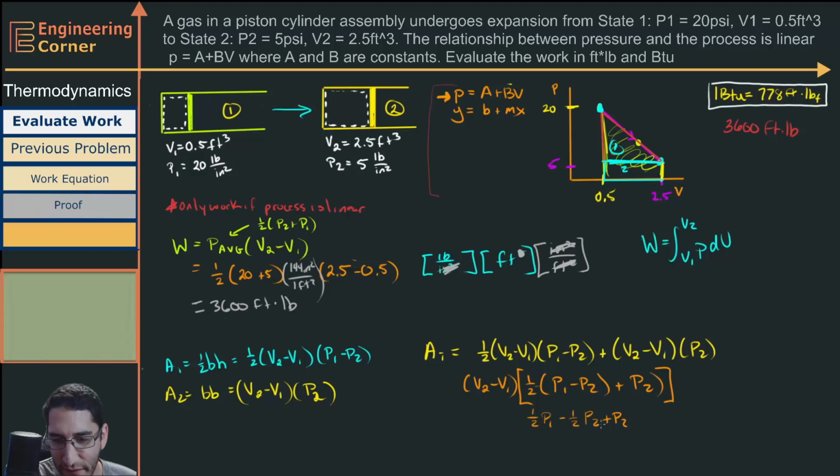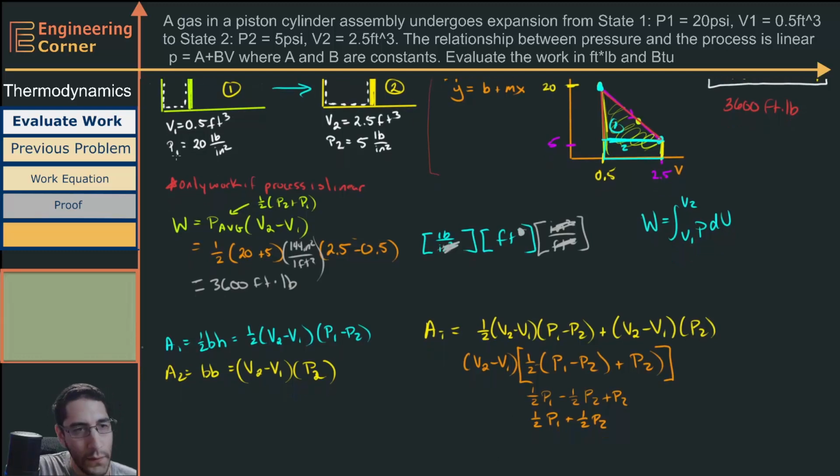I hope you see where it's going. This becomes 1/2 P1 plus 1/2 P2, which is 1/2 of P1 plus P2, times V2 minus V1.